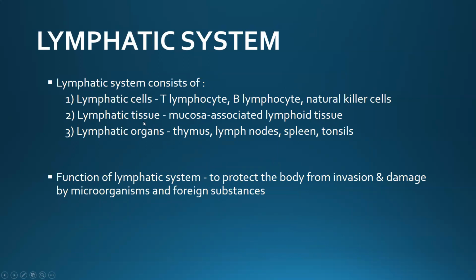For the lymphatic tissue, you have the structure called mucosa-associated lymphoid tissue, or MALT. And then there are the lymphatic organs, which are thymus, lymph nodes, spleen, and tonsils. Overall, the function of the lymphatic system is to protect the body from invasion and damage by microorganisms and foreign substances.